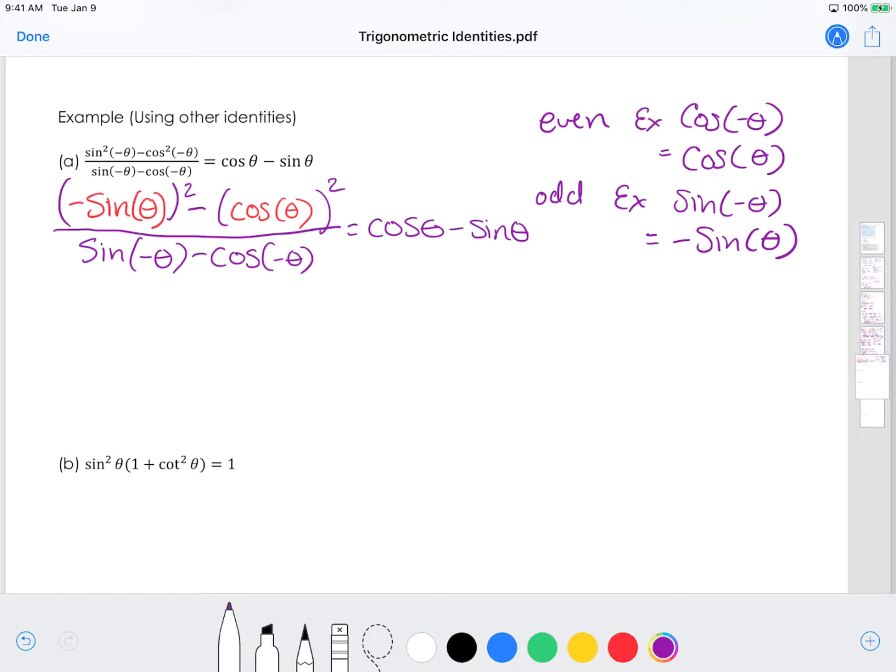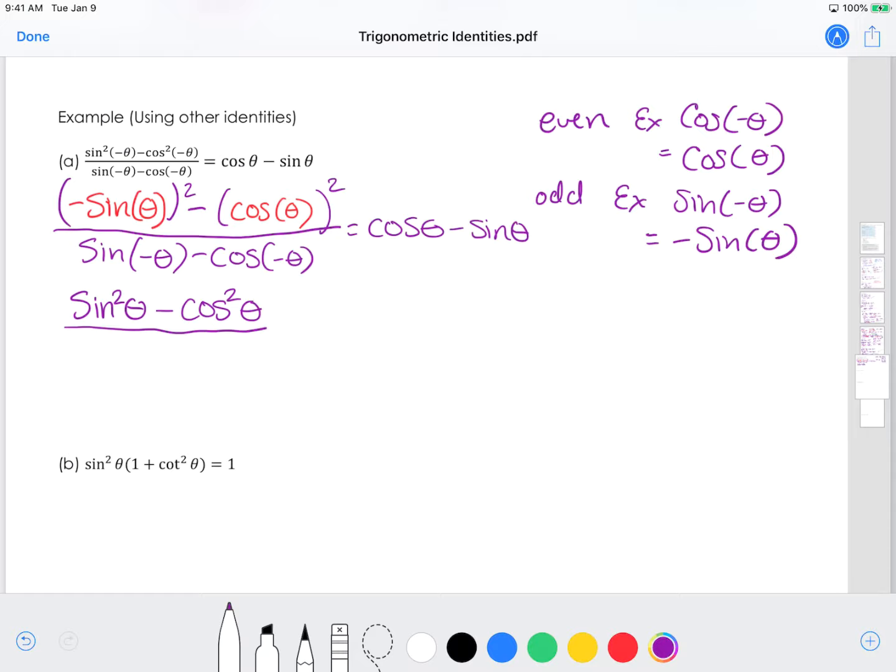When I have negative sine theta times negative sine theta, that negative is going to turn into a positive. So I have sine squared theta, and that's going to give me minus cosine squared theta all over. Now I'm going to use that same substitution again.